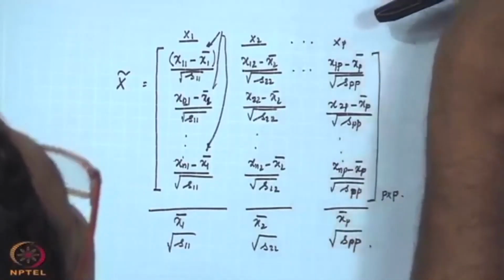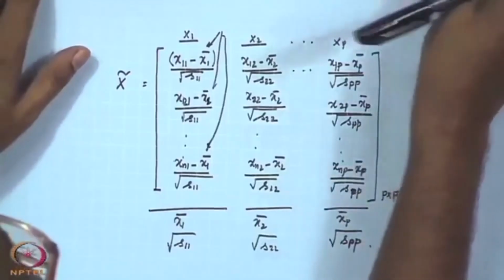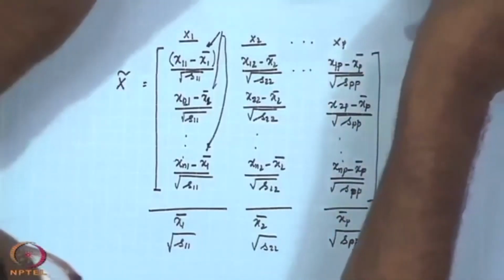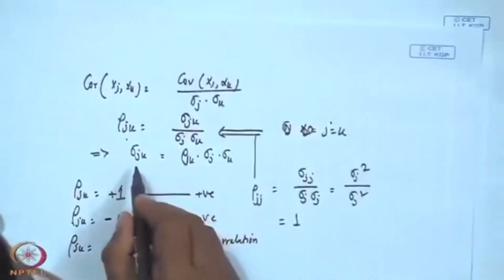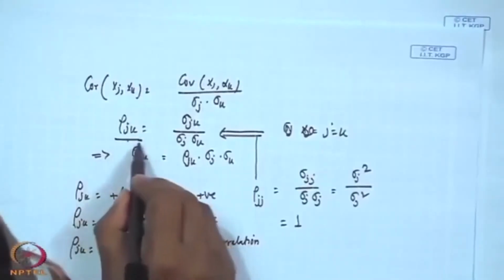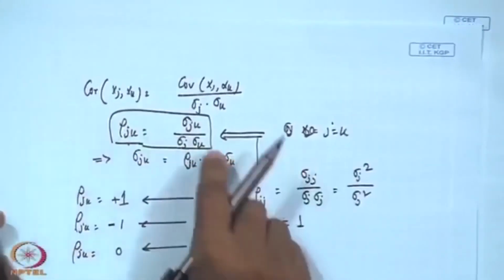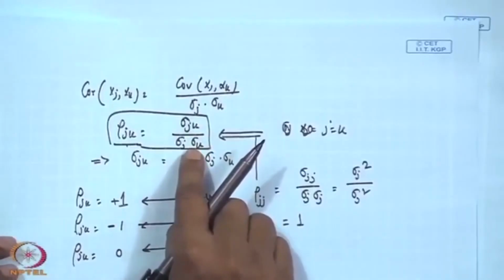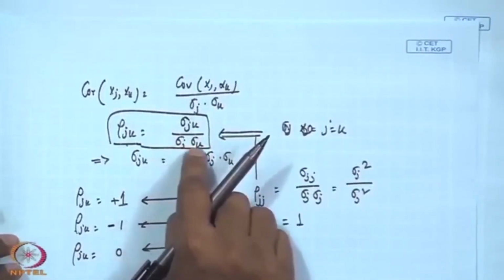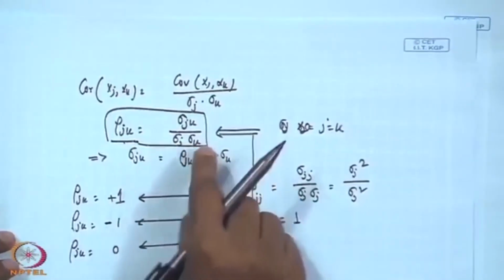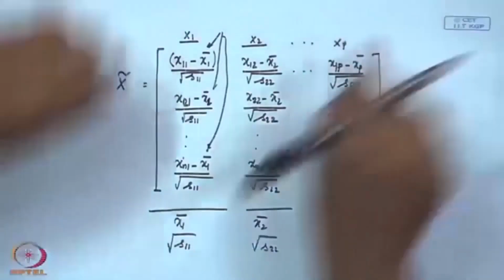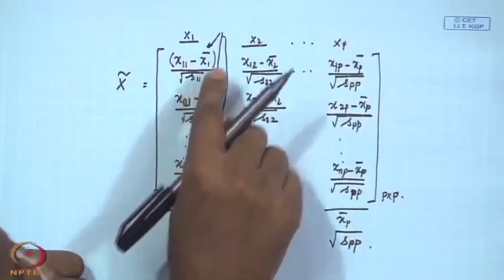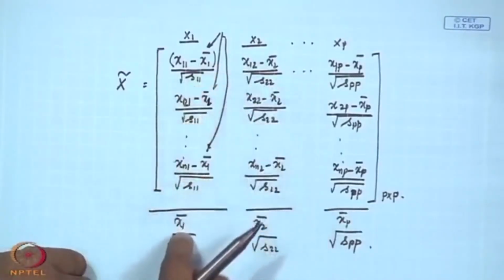So, you see that earlier, if you see the covariance and correlation relationship, you have found that for jk, the covariance component is divided by the corresponding standard deviations. So, in order to achieve this, we are now dividing each of the observations by the corresponding standard deviation.